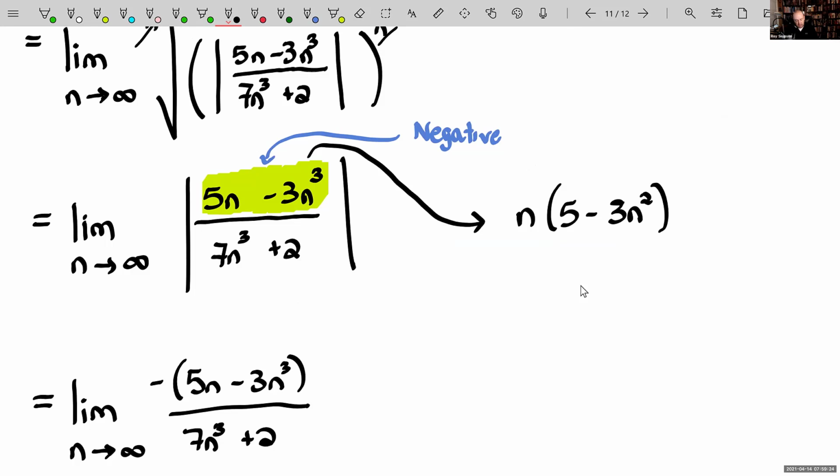I hope you would believe that those two expressions are the same, right? As n goes to positive infinity, that goes to positive infinity. As n goes to positive infinity, this goes to 5 minus 3 times a positive infinity, or in other words, a negative infinity. Positive times negative is negative.